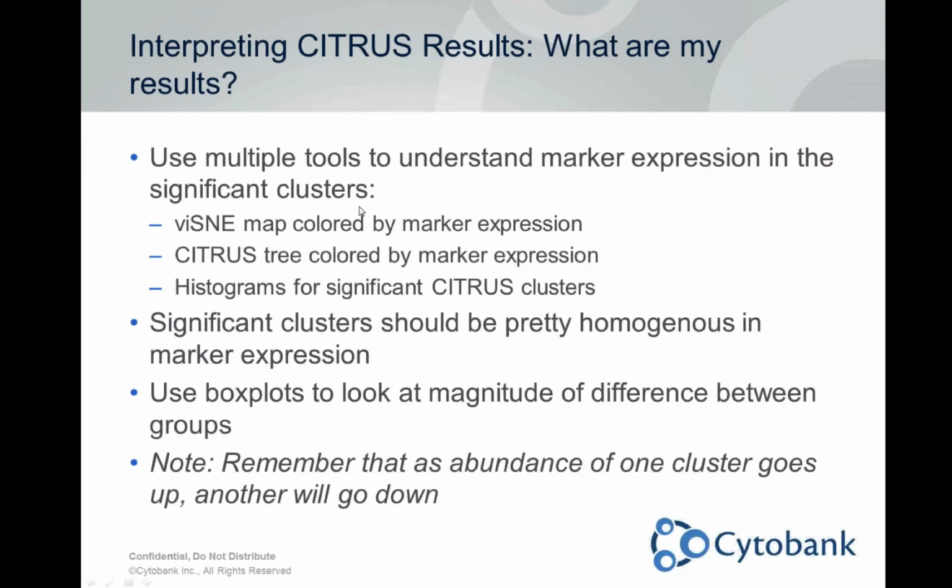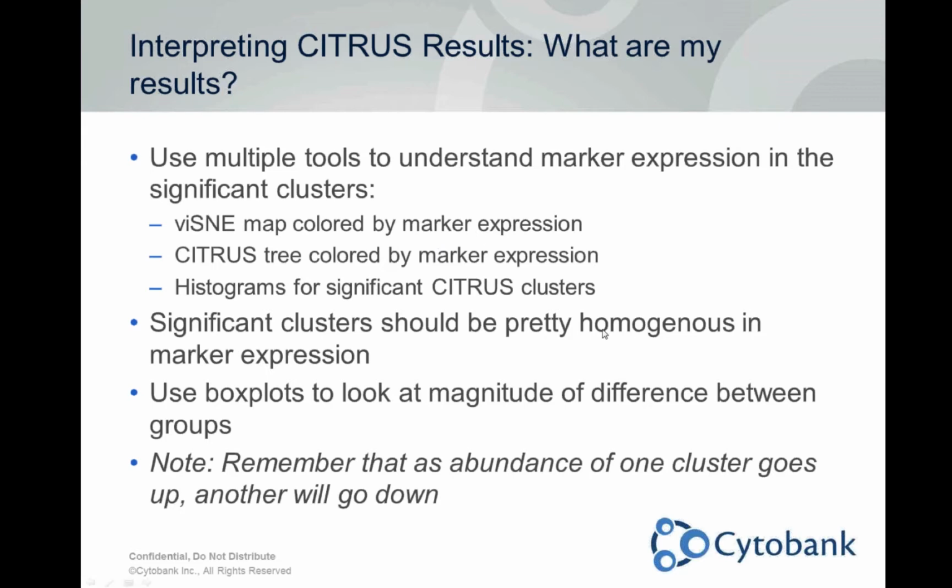Essentially, we've been working through what your results are. You can use multiple tools. The one that I've been talking about, and we'll show a few more examples of, is this ViSNE map colored by marker expression. So you can see what cell types there are and how they behave across all your ViSNE islands.